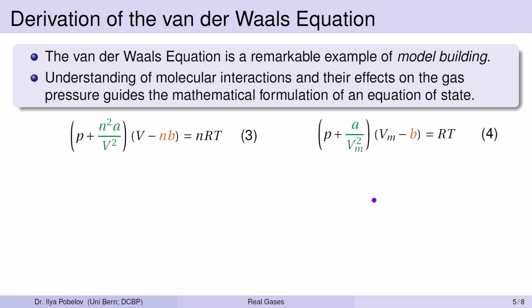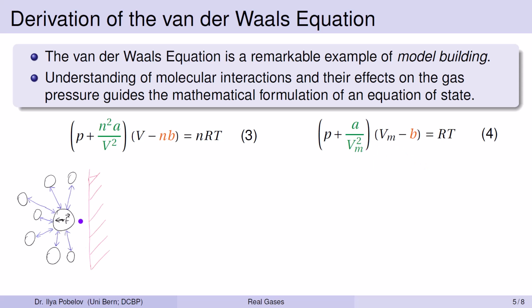In these equations, there are two terms that clearly show their difference from the ideal gas law. Indeed, if we remove them, we obtain the ideal gas law. These terms capture two critical deviations of real gases from ideal behavior. The first term, A over Vm squared, corrects for the attractive interactions between gas molecules.